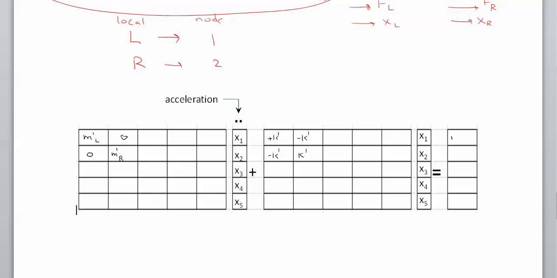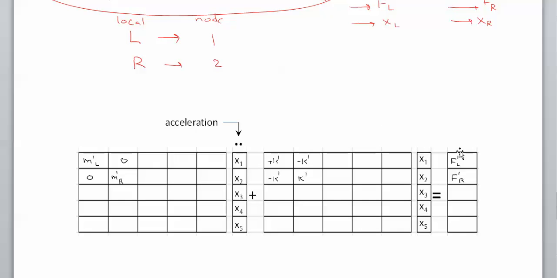And here you're going to have F1 left and F1 right. When you look at this, it's exactly the same 2 by 2 matrix equation that I wrote down, except that I've now put it in the right spot in the global equation. Good. So now we're done with element number 1.